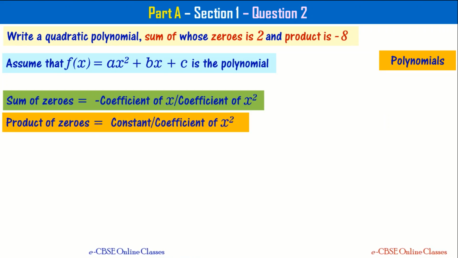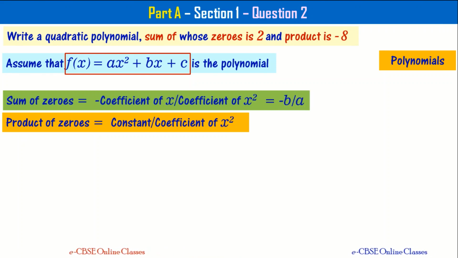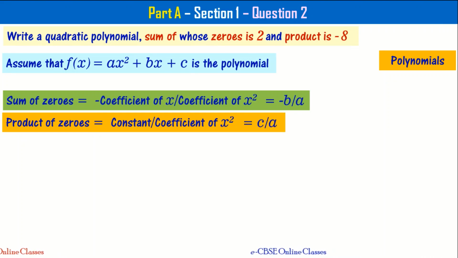And product of zeros can be written as constant divided by coefficient of x square. So sum of zeros can be written as minus b by a and product of zeros can be written as c by a.